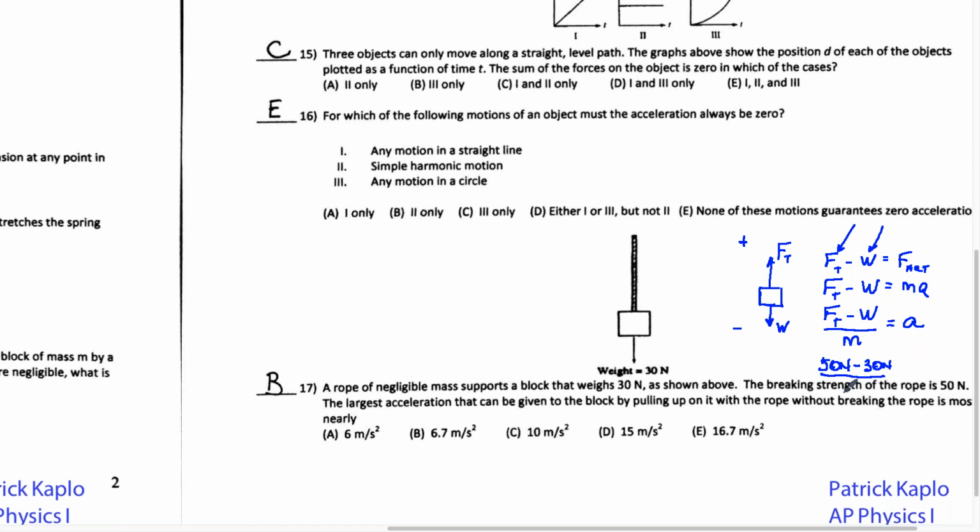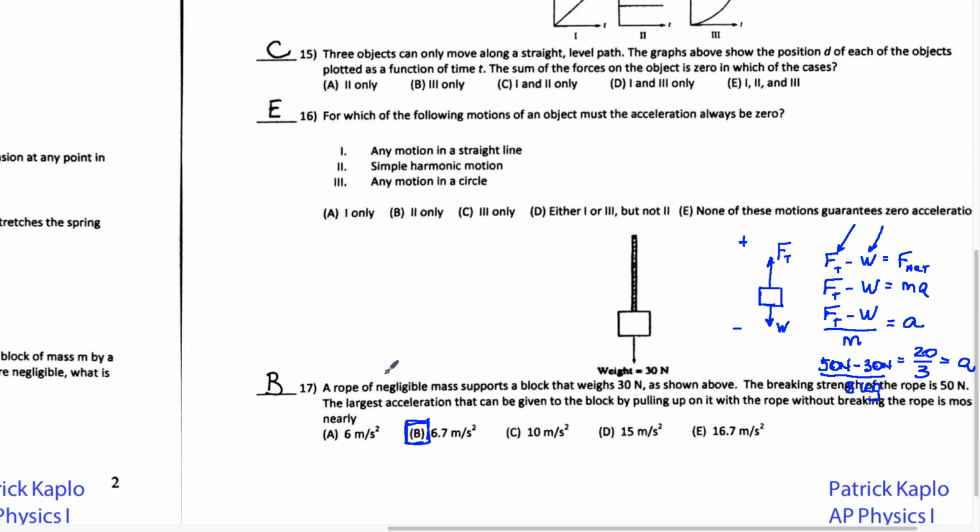So mg is the weight, so if the weight's 30, then this is 3 kilograms, and so I get 20 divided by 3 is equal to the acceleration, which is just under 7, and that's where choice B is our best answer. So that's question number 17.